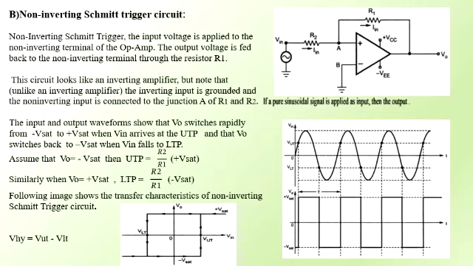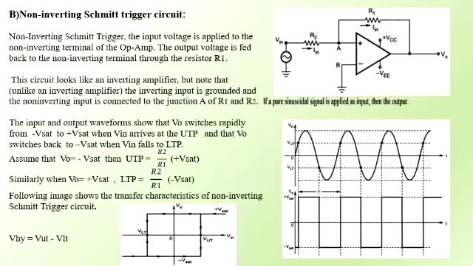We can assume that when the output voltage is at negative saturation, V0 equals Vsat, and at that point the upper threshold voltage VUTP equals R2 divided by R1 times V plus.